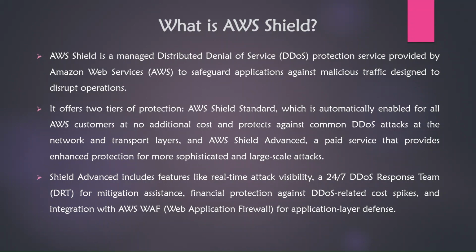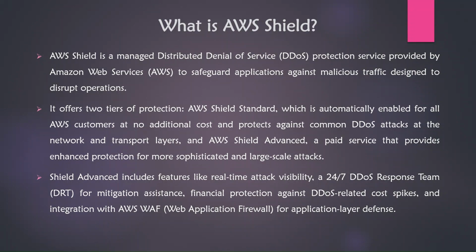It offers two tiers of protection: AWS Shield Standard, which is automatically enabled for all AWS customers at no additional cost and protects against common DDoS attacks at the network and transport layer, and AWS Shield Advanced, a paid service that provides enhanced protection for more sophisticated and large scale attacks.